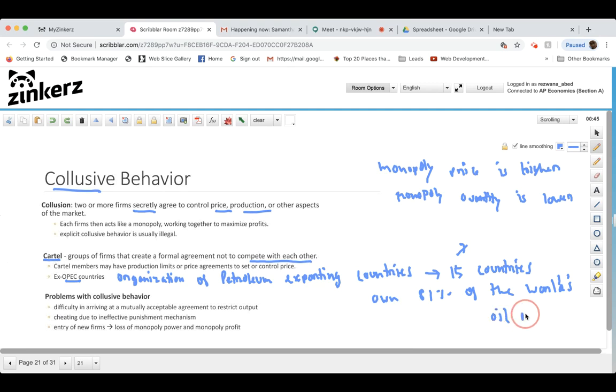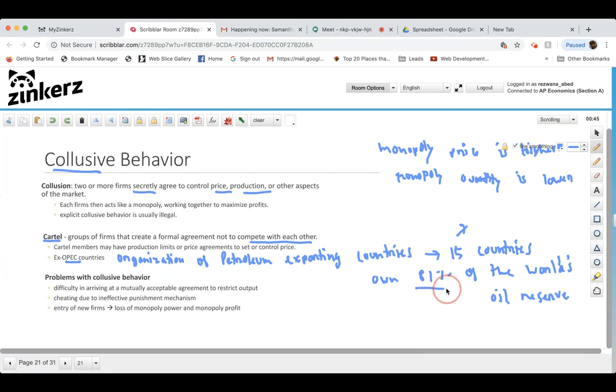So they have almost a monopoly over oil production, because together they own 81% of the oil reserve, and their share is about 44% of the world's oil production.